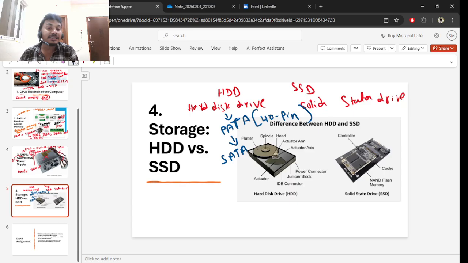Okay. This SATA is serial advanced technology attachment. If you want both definitions, PATA means 40 pin connections.